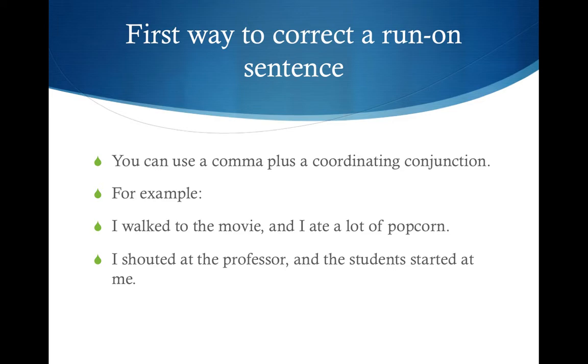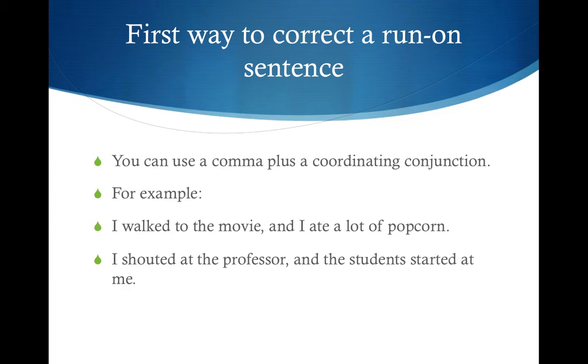So the first one is: I walked to the movie, and I ate a lot of popcorn. So you can see here I used the coordinating conjunction and a comma to separate those two independent clauses. So this is one way you can correct that common mistake, that run-on sentence.